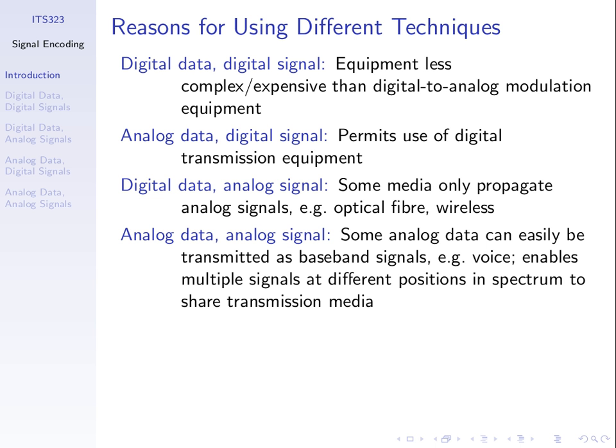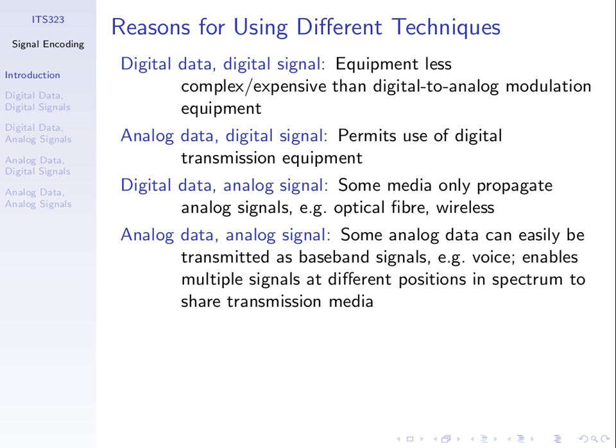And the final case is, what if we have analog data? Well, sometimes we'd like to send an analog signal. It may be very easy to do so. For example, with voice, the analog data, my voice ranges in frequencies of up to about 4 kilohertz, so 0 up to 4 kilohertz. And it's very easy to transmit that voice across a copper wire by transmitting it exactly as is.